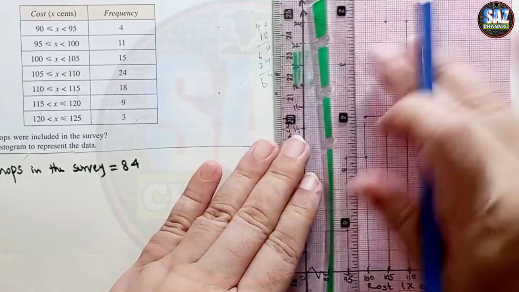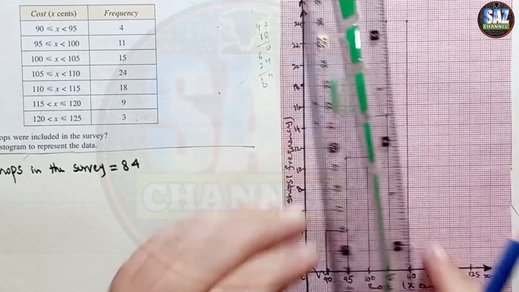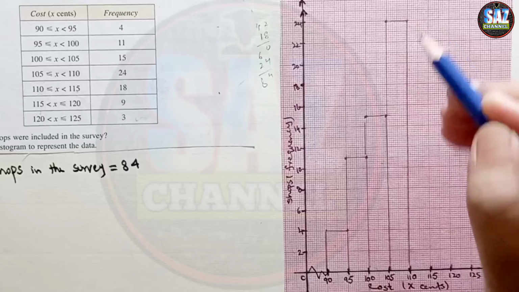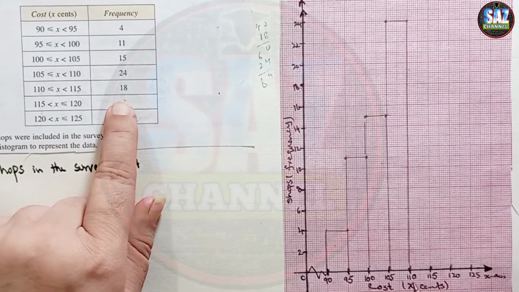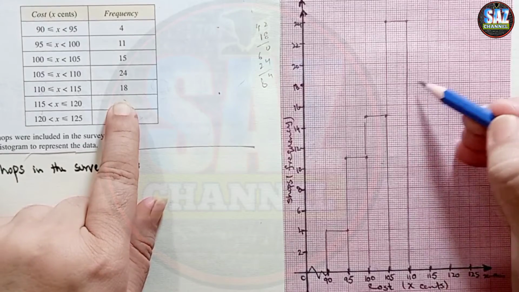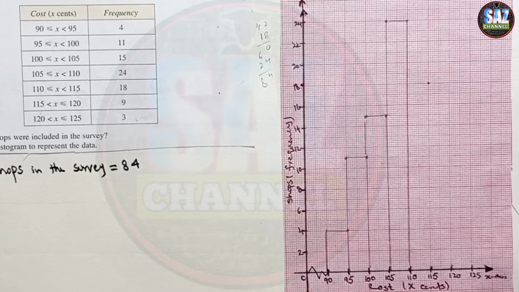Try to do your work carefully but quickly. Then the next is 110 to 115. This is 18, so I can locate 18 directly. Let me complete the rectangle at this place.